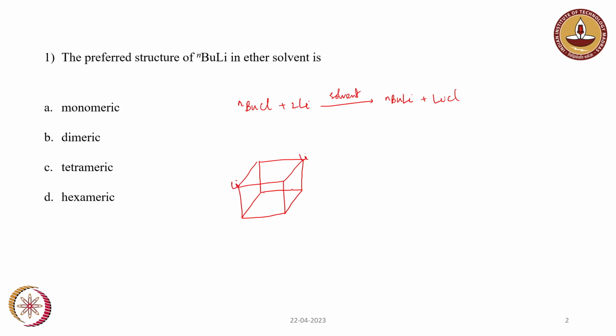Alternate corners will be occupied with lithium, and n-butyl groups will be on the alternate corners as well. So option C is the answer.